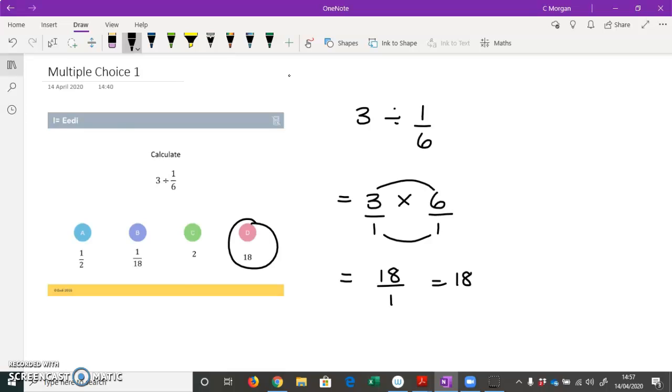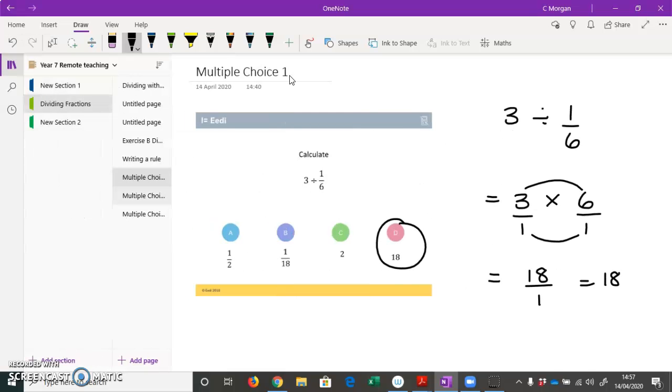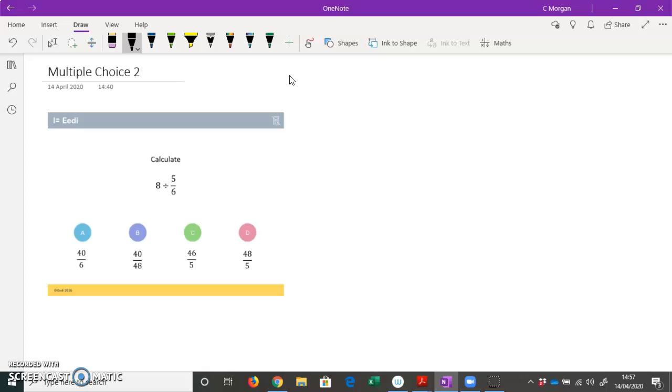Let's have a look at the second multiple choice question that I've got for you. And here it is, 8 divided by 5/6. Please choose A, B, C or D. Pause. And I'm going to go through the answer. So 8 divided by 5/6 is the same question as 8 multiplied by 6 over 5.